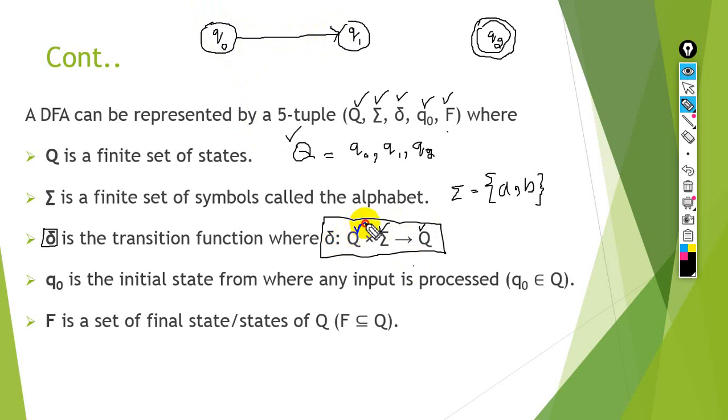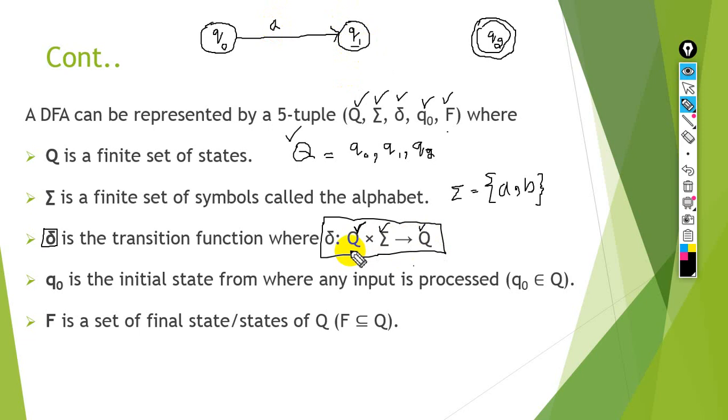It will be a state, any state. For example, we have Q0 and will have an input. For example, I have an input right here, A, and it will move to the other state. The other state is Q1.